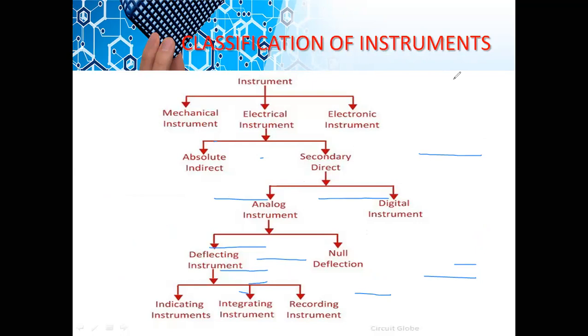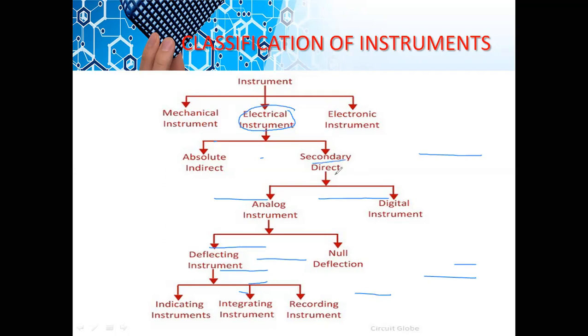Now, let us see the classification of instruments. Instruments are classified into mechanical instruments, electrical instruments, and electronic instruments. Now, we are concentrating much on electrical instruments, and in these electrical instruments, we have further classification: absolute or indirect instrument, direct or secondary instrument.